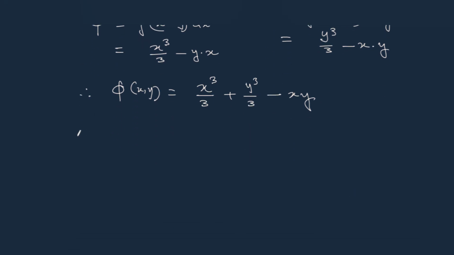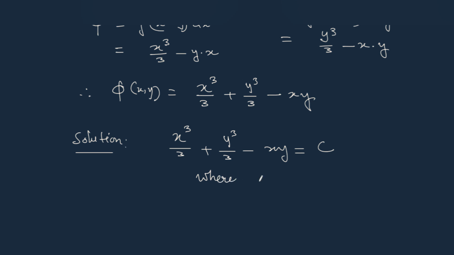Now the solution of the given exact equation is x cube upon 3 plus y cube upon 3 minus xy equals c, where c is the integrating constant.